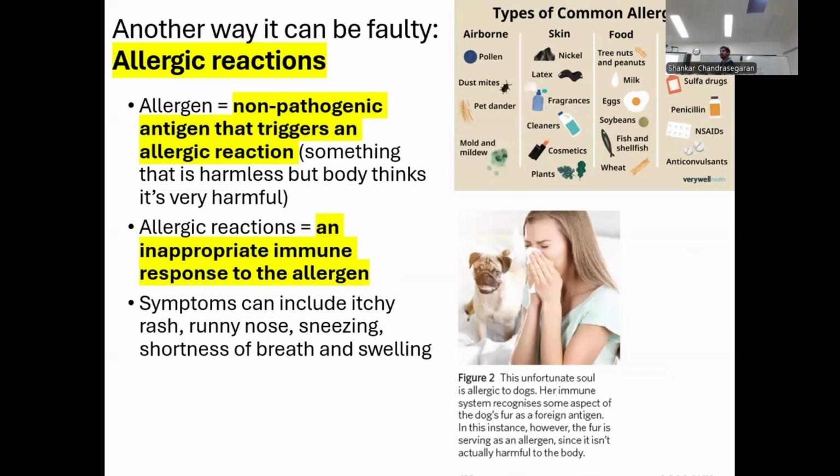Basically the equivalent of deploying the army to quell, I don't know, a gas station holdup, right? It's super inappropriate and it's super overkill. It's the same thing with your allergic reactions, right? Even though there's a small exposure to a small peanut, right? You touch it with your skin, sometimes people can get very, very bad symptoms like rashes, runny nose, their throat starts to close up, shortness of breath, and also sneezing, and so many other things.